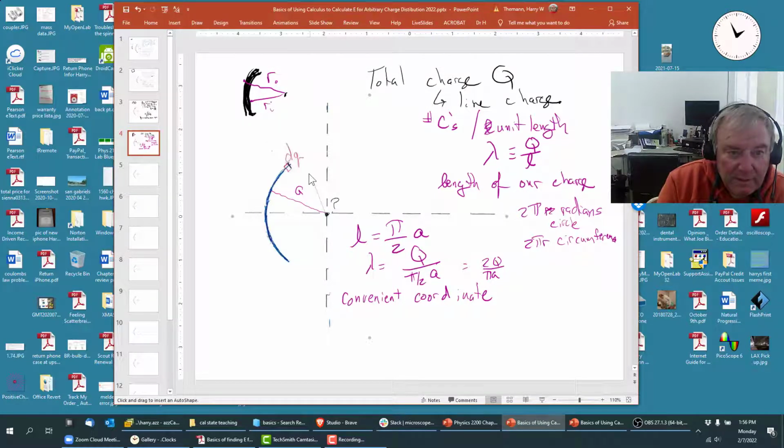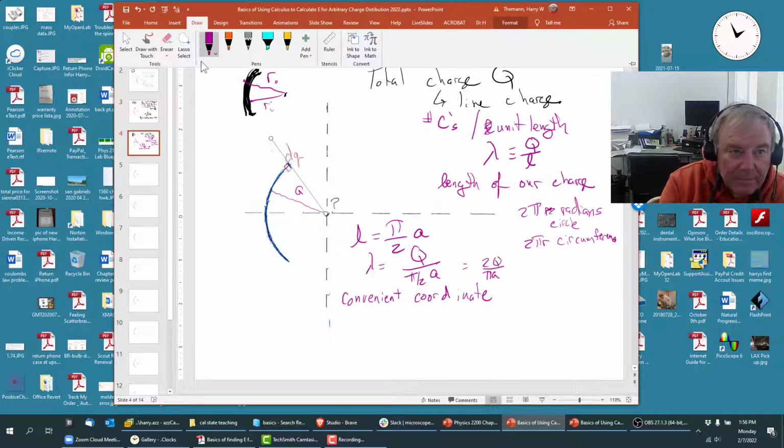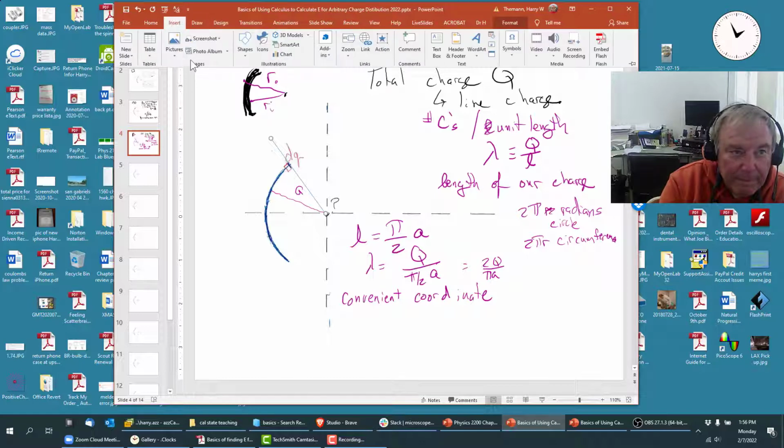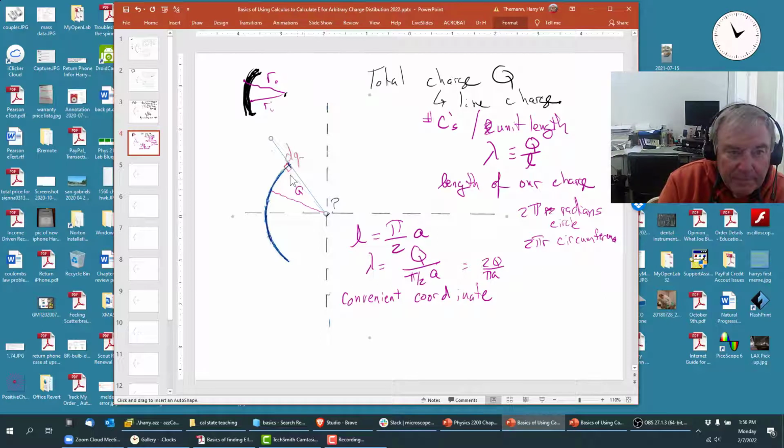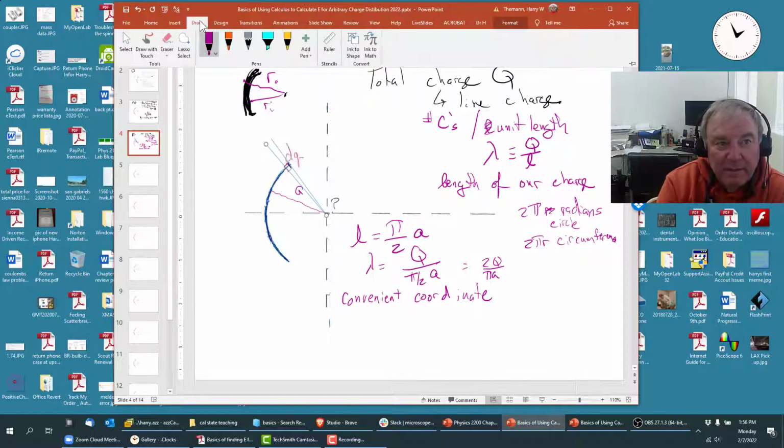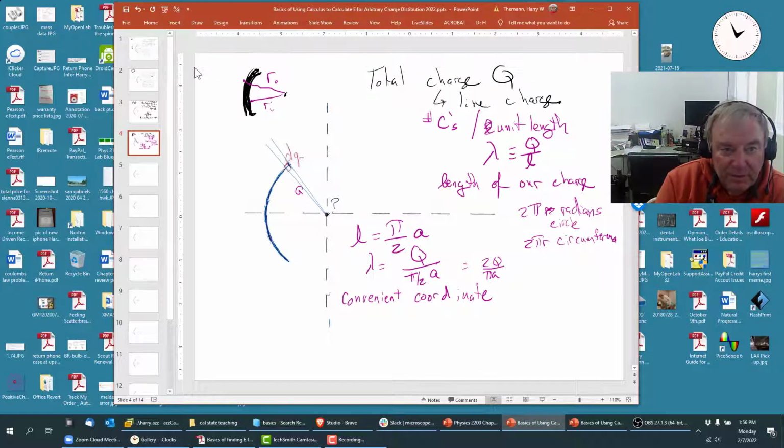well, first of all, let's draw a couple lines here. And notice how those lines go from the center, and they go to either side of our dq. There's our radius again. So we're going to define a variable.